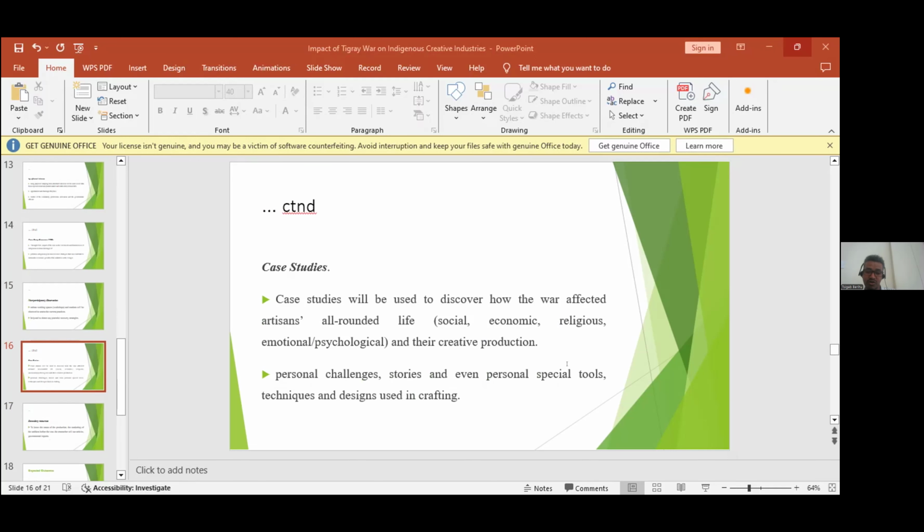Case studies will also be taken to discover how the war affected the all-round life of the people: social, economic, religious, and psychological life. Cases will also include personal challenges and stories, and the specific tools, techniques, and materials used in producing the products.